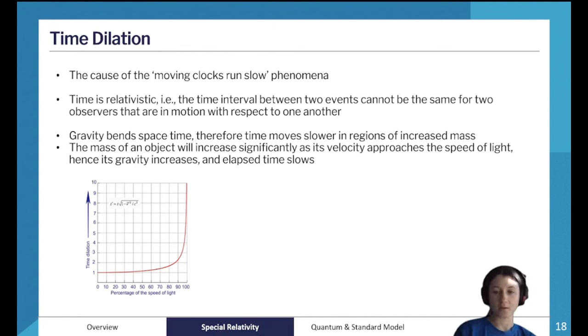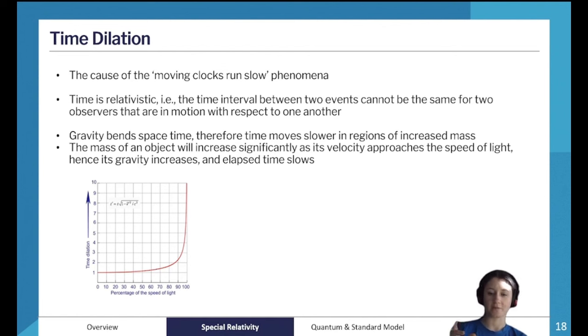So the complication arises there, and what it comes down to is the fact that things that are traveling at or close to the speed of light need to travel a greater distance in a shorter amount of time to compensate for Einstein's second postulate.